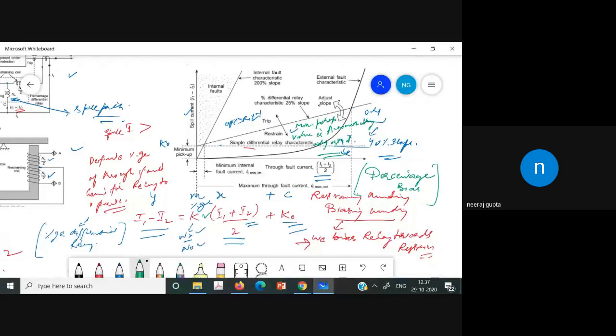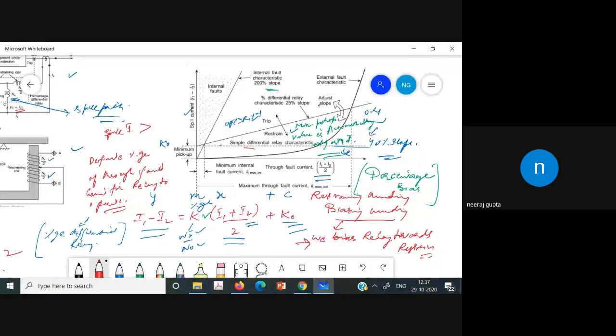Now here you have seen the external fault characteristics. Now this is the internal fault characteristics with a slope of 200. So how can this internal fault slope be calculated? Let us suppose that an internal fault is there in a single end fed system.